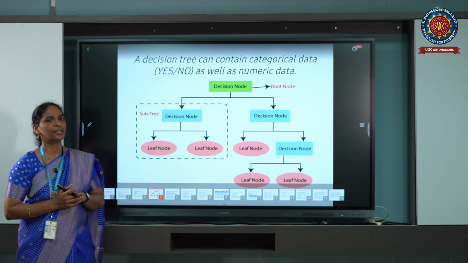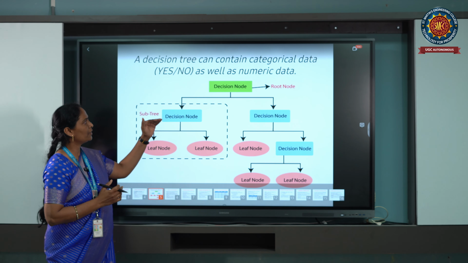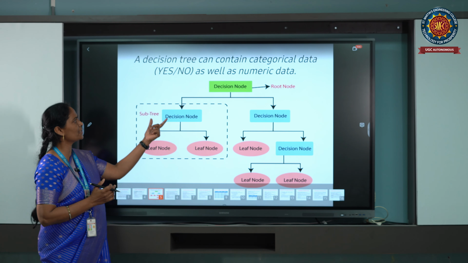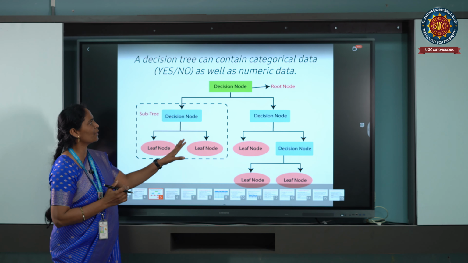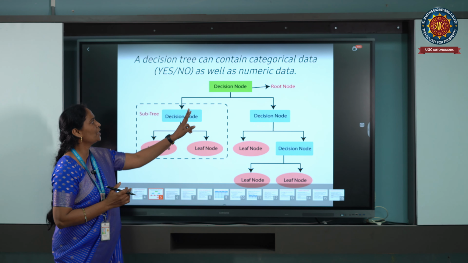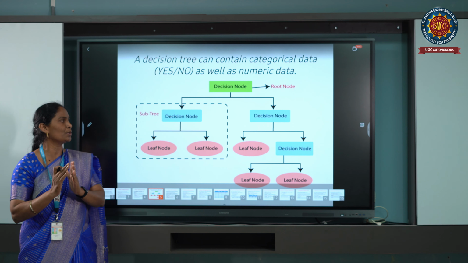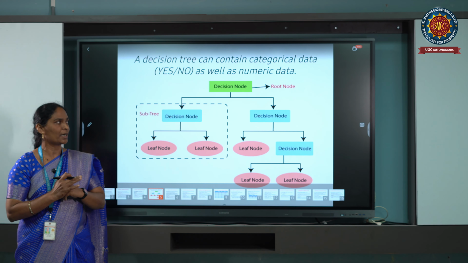Here the decision tree algorithm can be divided and structured in this form. We can see the graphical representation of the decision tree algorithm. Here the decision is the root node, because the decision is going to split into two parts.